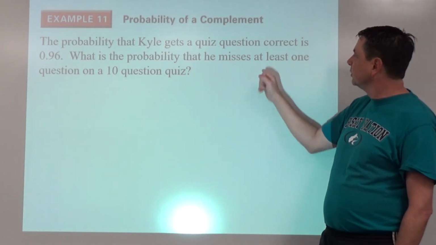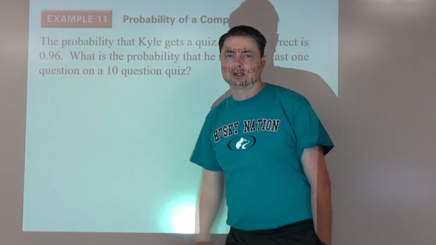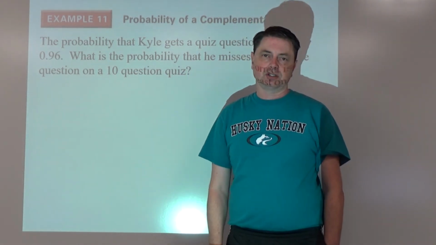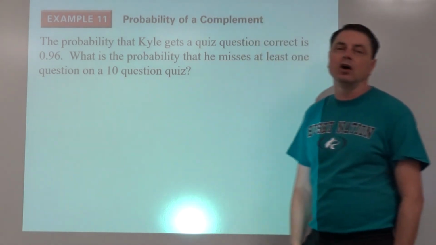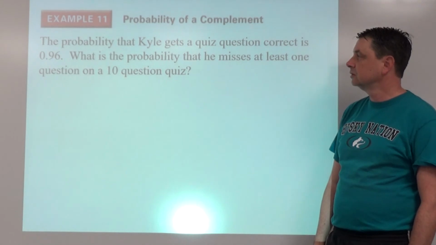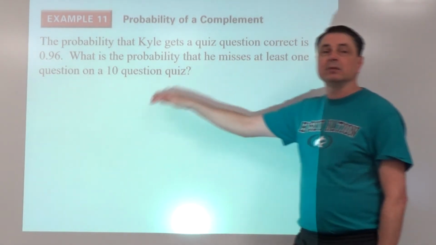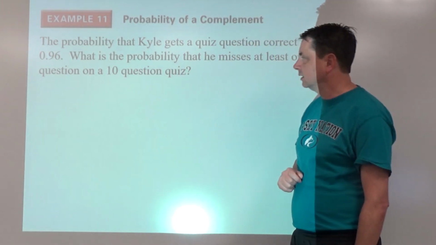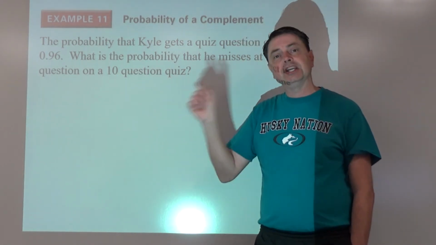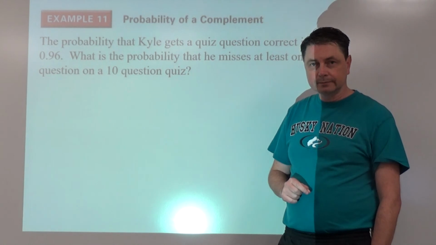What is the complement to missing at least one question? It's not missing at least one question, which means getting them all right. And that's going to be a much easier thing to do. Now, this is a fundamental counting principle problem. There's 10 questions, and that means there's 10 events. Each question represents an event.